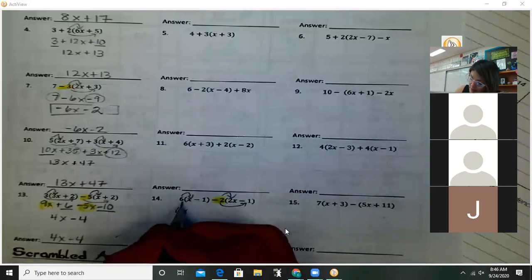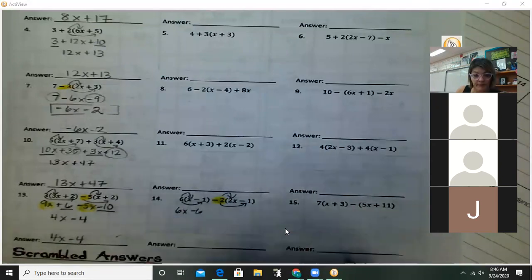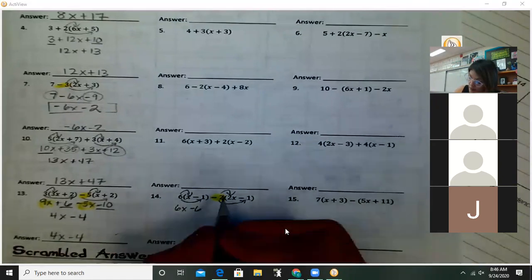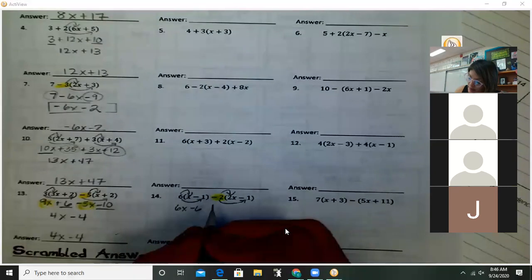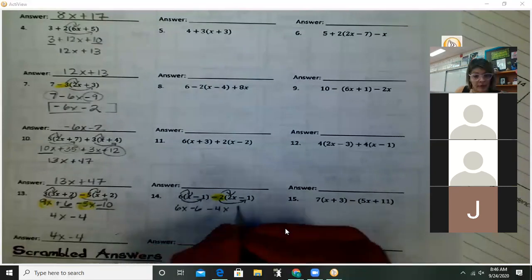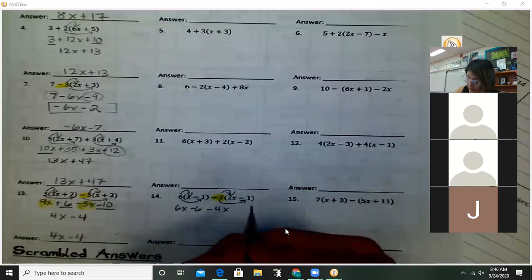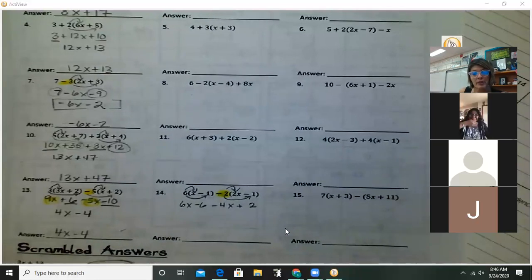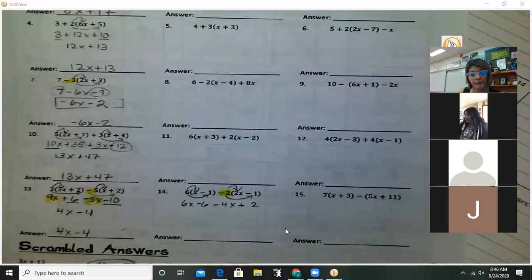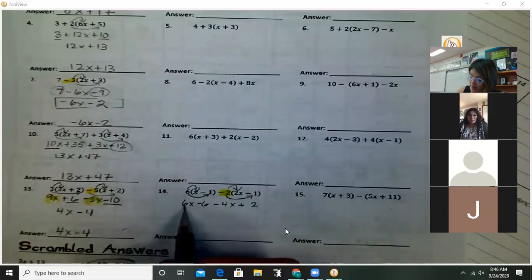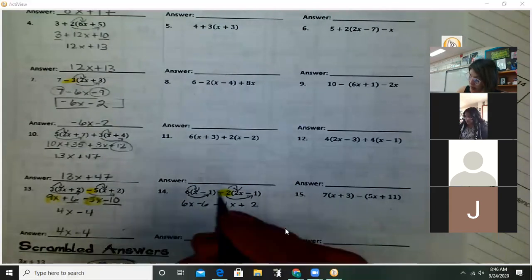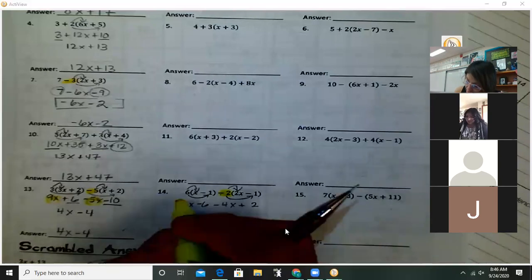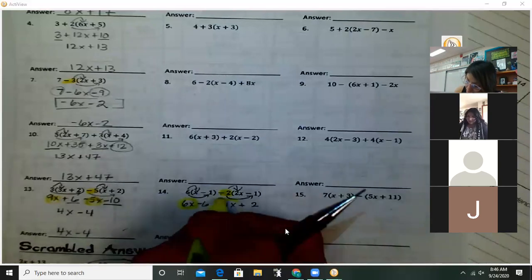6x minus 6. Negative 2 times 2 is negative 4x. And negative times a negative is a what? Positive. Now, when we get to that point, we're just going to combine like terms. So 6 plus negative 4, these are like terms here because they both have the same variable.